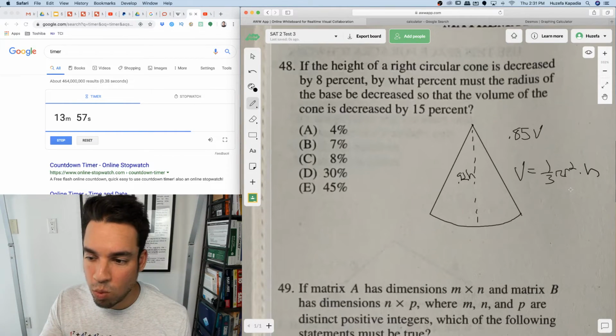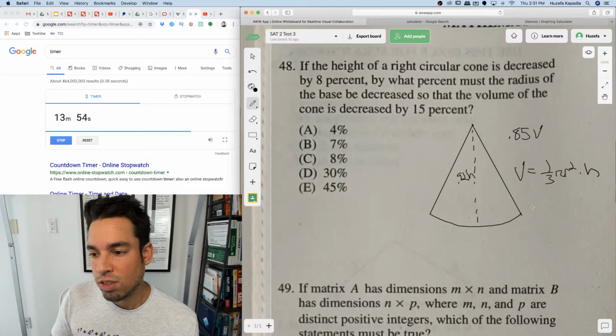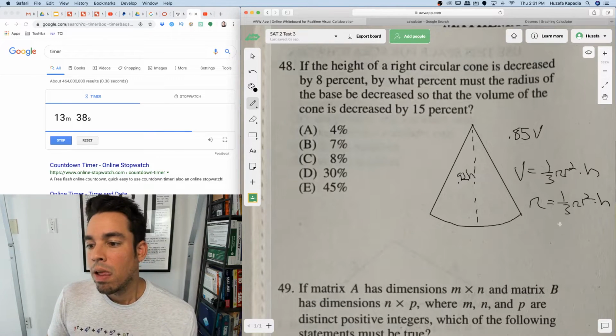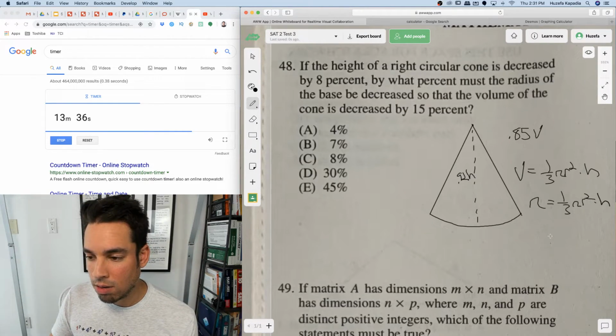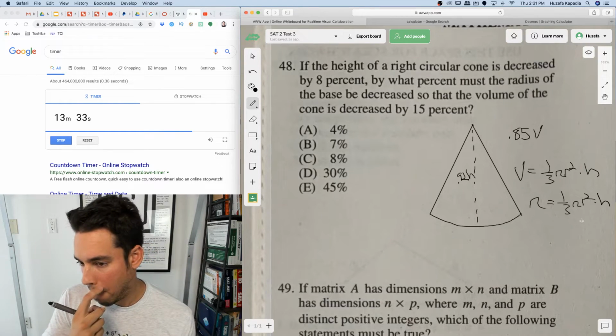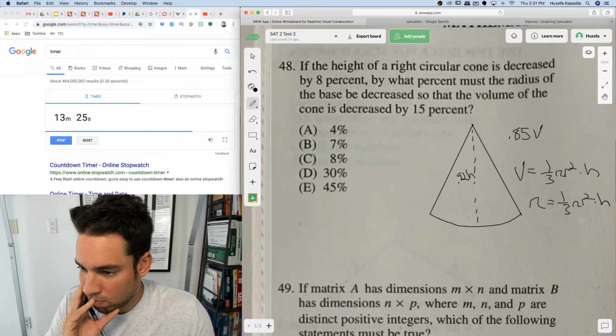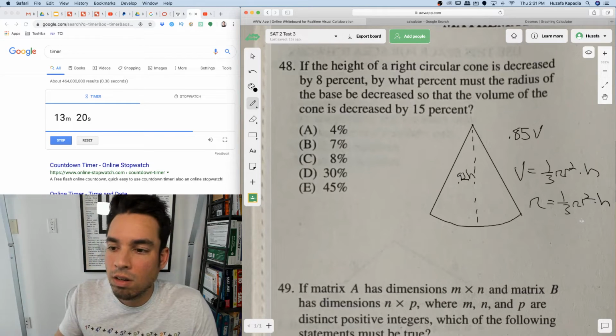Let's just pretend the volume's 1, all right? No, I've got an easier way. Let's pretend the volume's pi. I can make that up, it doesn't matter. Pi equals 1/3 pi r squared h. Is this the right way to do it? Okay, no, I've got a better way.